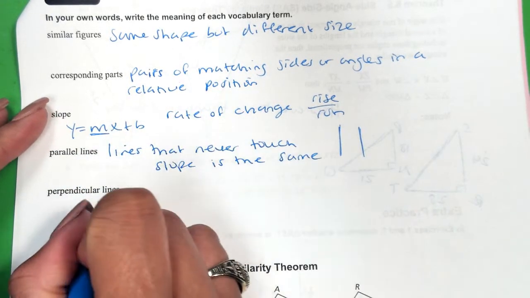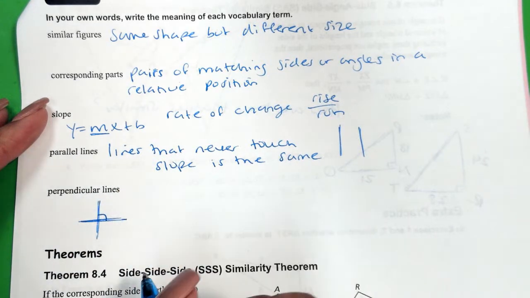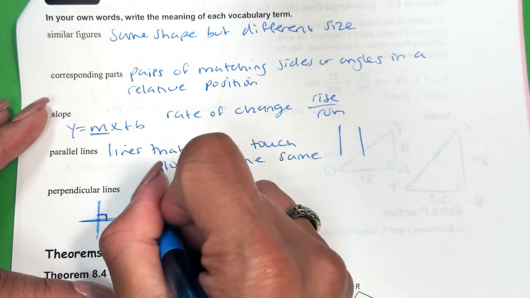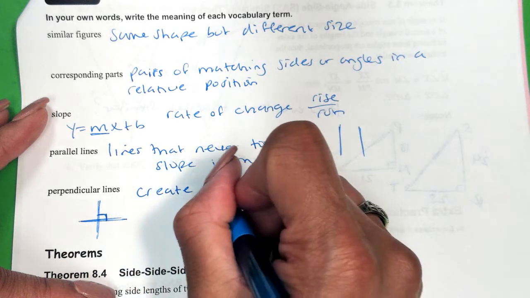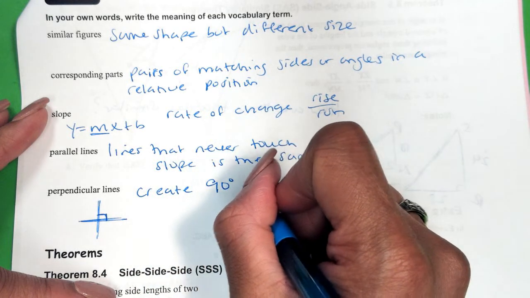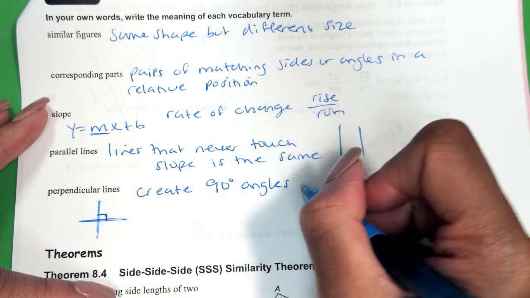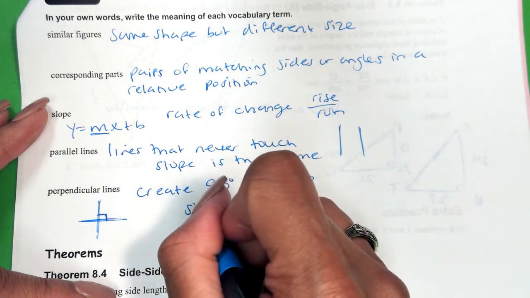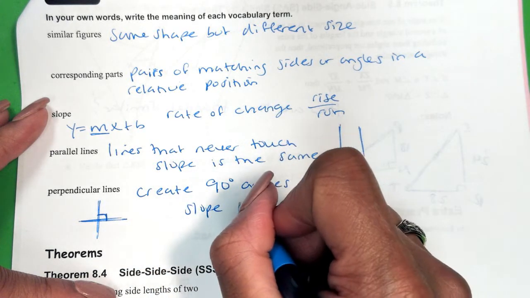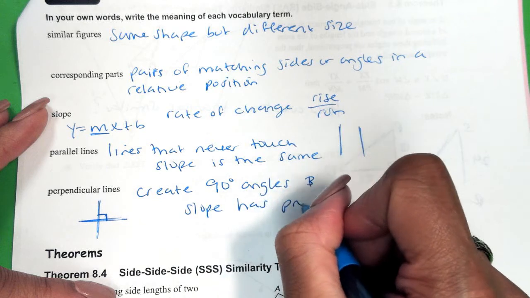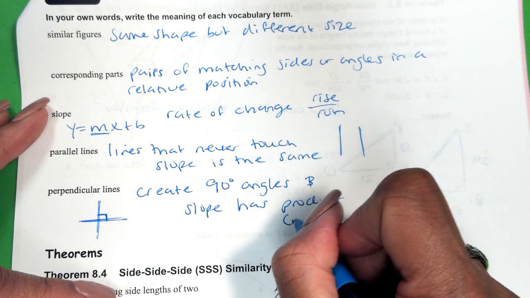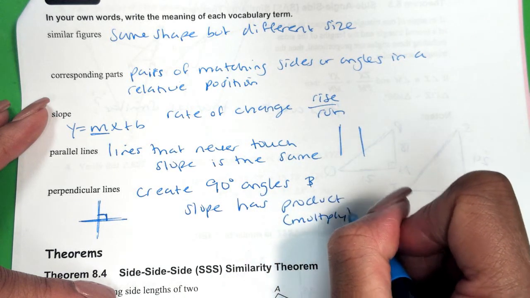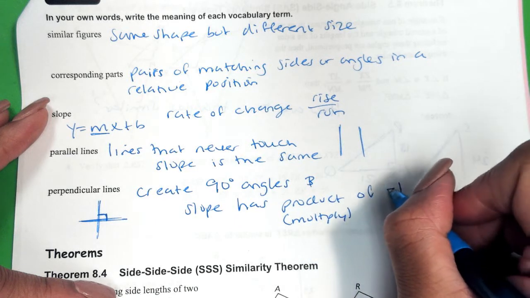Now perpendicular lines, remember, they create 90-degree angles, and the slope has a product, or multiply, remember, of -1.